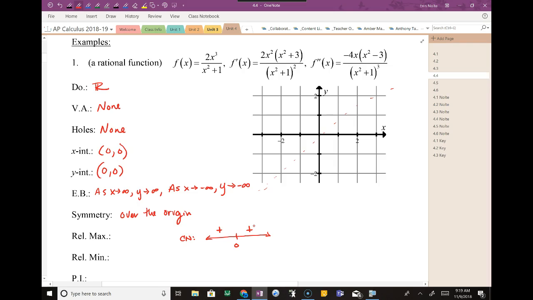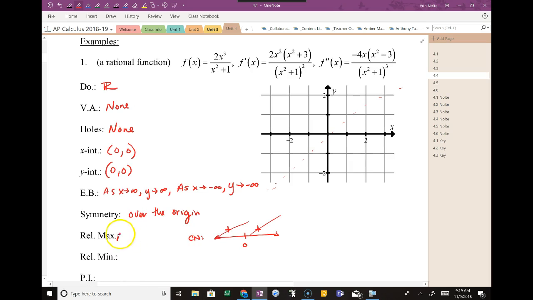So what is happening potentially at 0? It's not a min because it goes up and then it goes up again. It could be a sharp turn. It could be a point of inflection, right? Good. Inflection, yeah. So we do not have a max or a min.